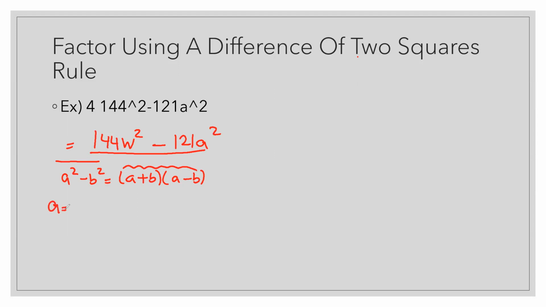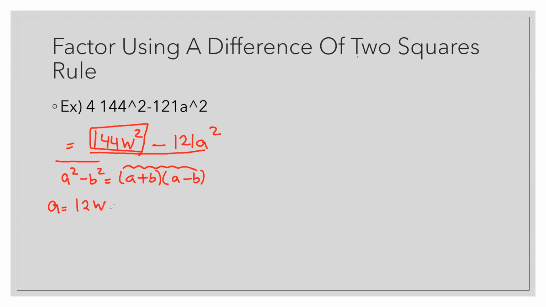So let's figure out our a. My a is related to this term, 144w squared. So start with 144. What number when squared gives you 144? That's 12, right? And then don't forget about the w squared. What letter when squared gives you w squared?